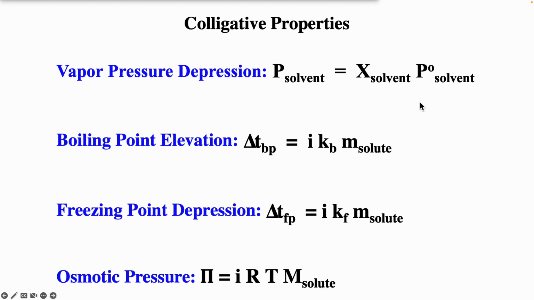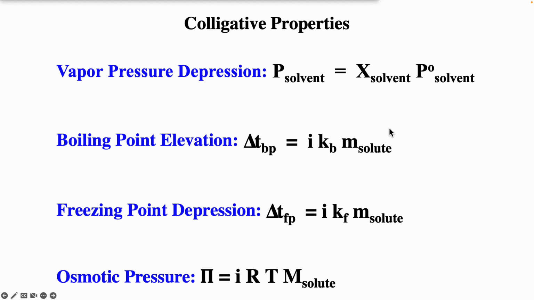And to me, it's kind of interesting. Here we're talking about vapor pressure in terms of mole fraction. Here we have molality, which is moles of solute per kilogram of solvent. And for osmotic pressure, we use molarity, which is moles of solute per liter of solution. A little bit different.